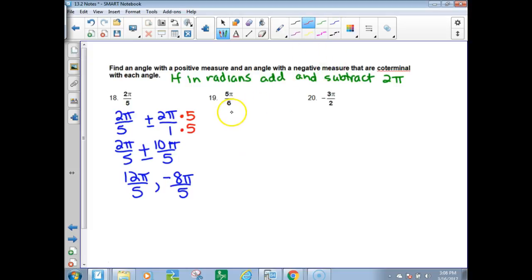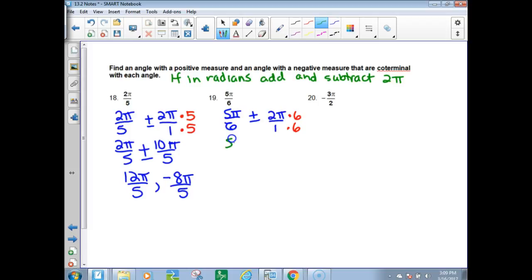All right, next one. We are taking 5 pi over 6, and we're adding and subtracting 2 pi. We're going to get a common denominator by multiplying 2 pi by 6, top and bottom.